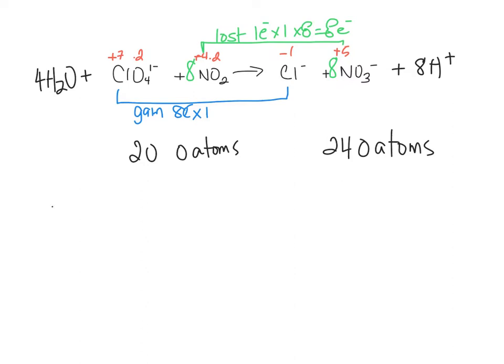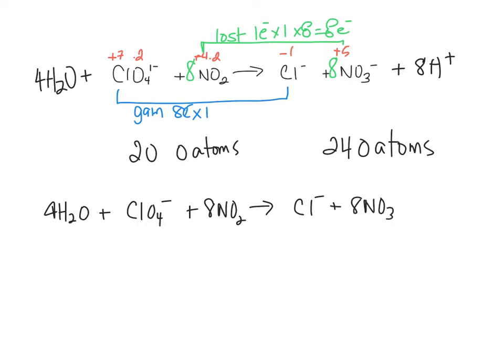So we've got 4 H2Os, 1 perchlorate, 8 nitrogen dioxides, 1 chloride, 8 nitrates, and 8 hydrogen ions. So on the left, 8 hydrogens, on the right, 8 hydrogens.